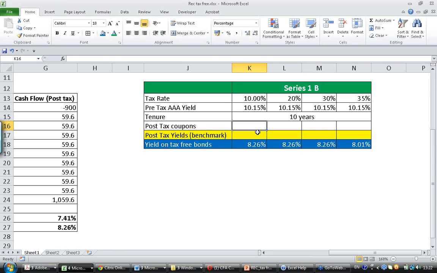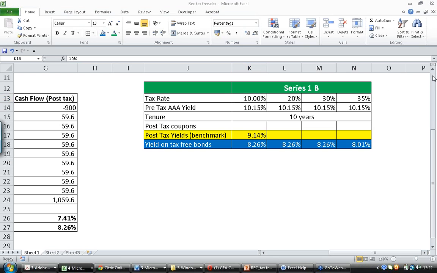So the post-tax yield, as we saw just now, is going to be 10.15% into 1 minus the tax slab. So for a 10% guy, it will be 10.15% into 90%.